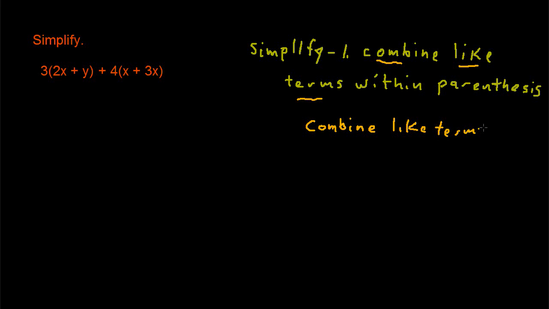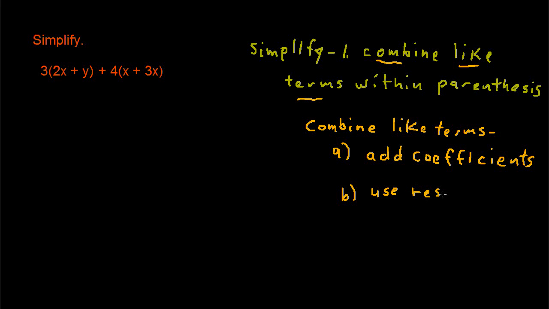The first step is to add the coefficients of each term. So we're going to add coefficients, and then we take the result of that adding, and that becomes the coefficient of the like terms variable.